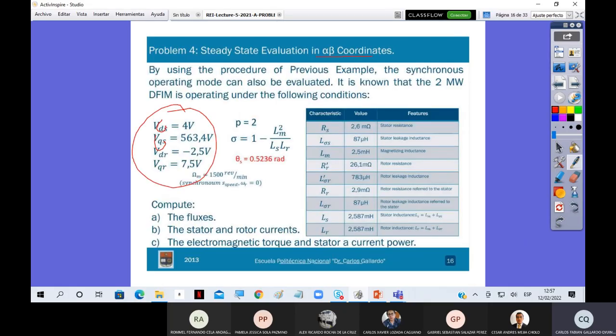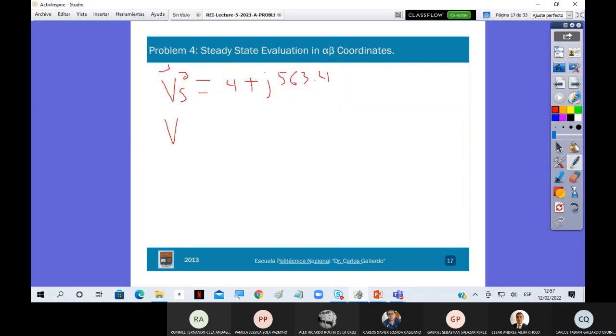What about the rotor? I have the data in the synchronous reference frame too, so I will have minus 2.5 plus j. Okay, so theta S is equal to 0.5236.